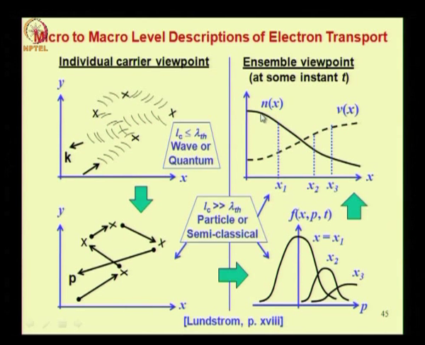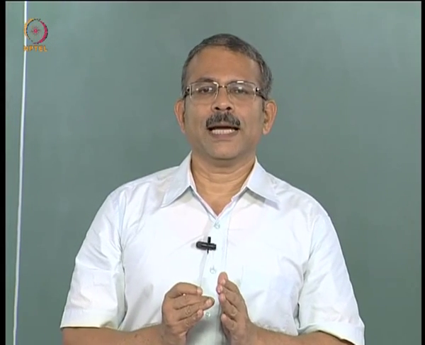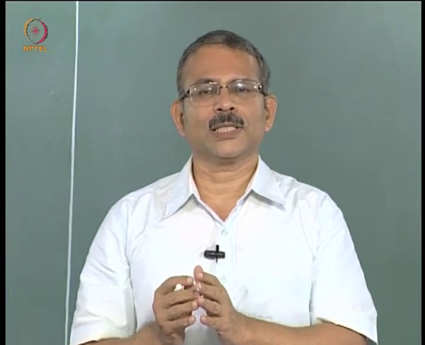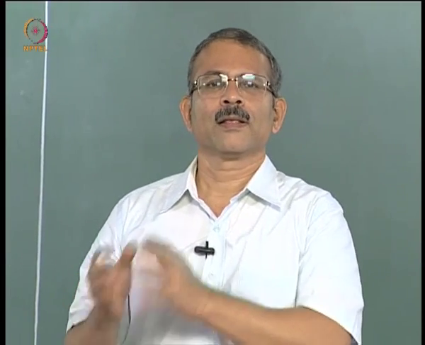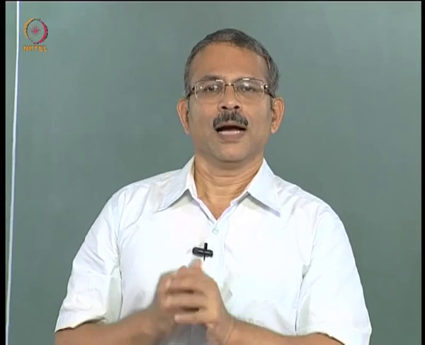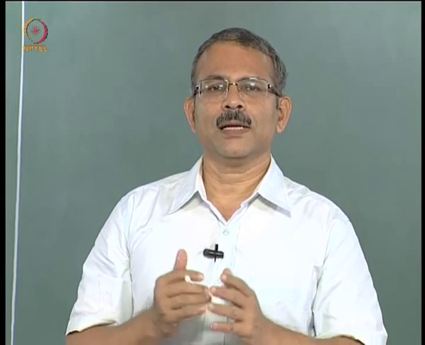So this picture about Nx and Vx is obtained by averaging of the picture that you have here, and this picture is in fact sufficient to give you the current, because the current is given by the product of the electron concentration and the velocity, and of course you multiply by the negative of the charge.